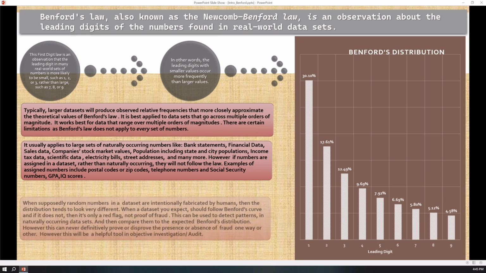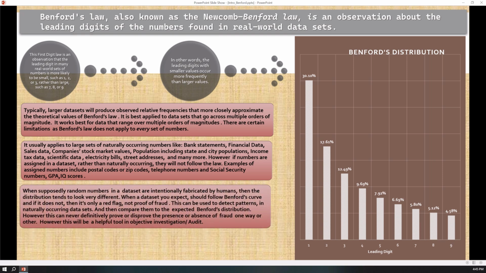Now, the reason why Benford's law has come into prominence over the past several decades is this: suppose we have a dataset, like we discussed, a financial dataset. If somebody is intentionally trying to fudge or fabricate those numbers, then the distribution will look different.